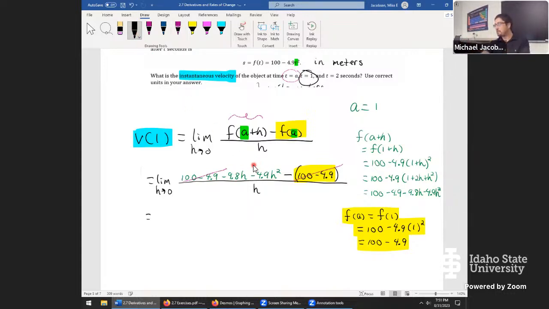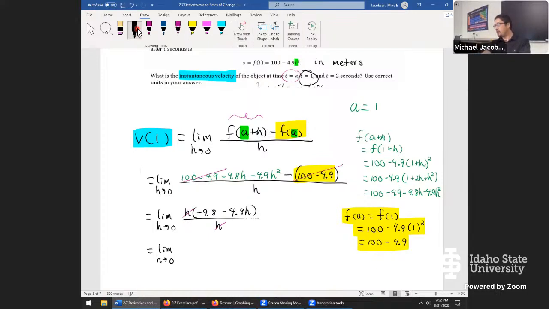I'll factor it out. Limit as h goes to 0. h factored out leaves negative 9.8 minus 4.9h. Still, all of it is divided by h alone. Now we're in the right position for a cancellation. Those h's are gone. As h goes to 0, that portion's gone. You can cancel it right here, but I'll show the extra step.